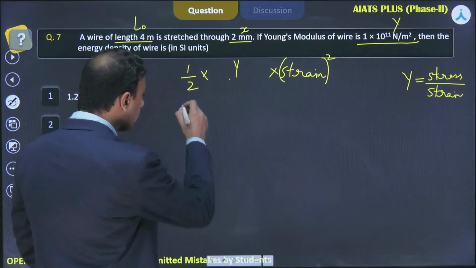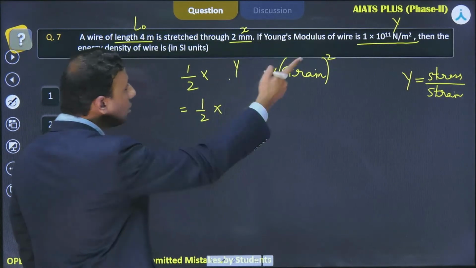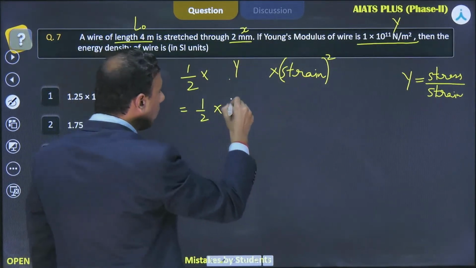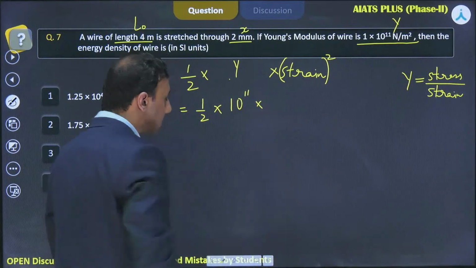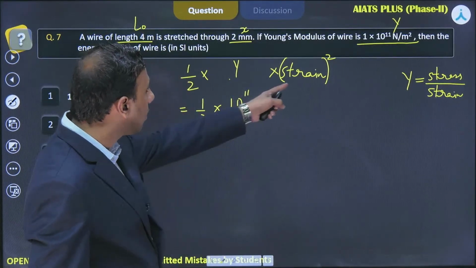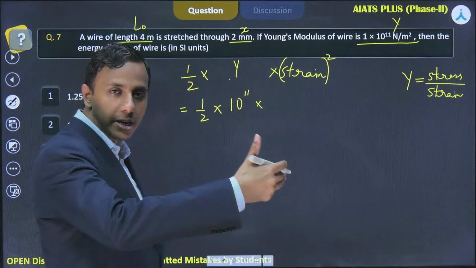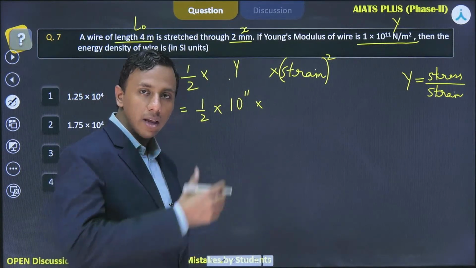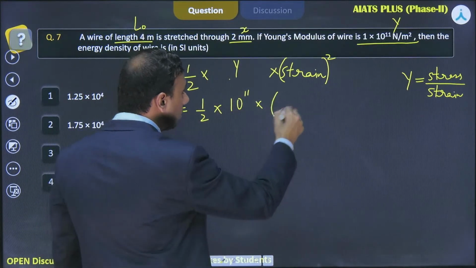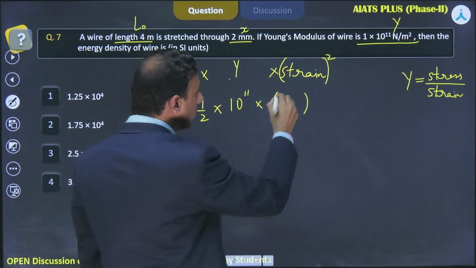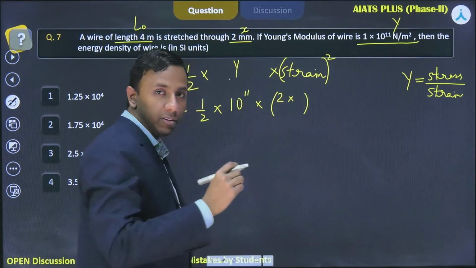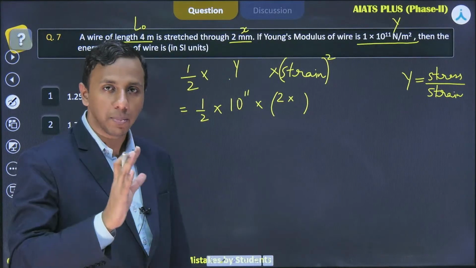So substitute over here. Half into Young's modulus is how much? 10 raised to the power 11, isn't it? And then strain is equal to change in dimension by original dimension, x upon L, right? X is how much? 2 mm. In physics you have to use SI units while doing multiplication and division.